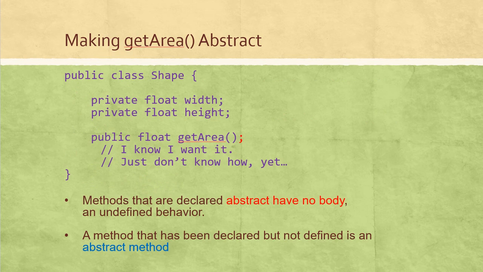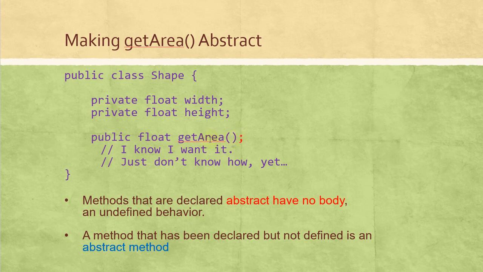Okay, so what we have done is make get area an abstract function. We define the function name get area, but as you can see I have put a semicolon here. That means it does not have its own functionality, so it won't have its own body, right?